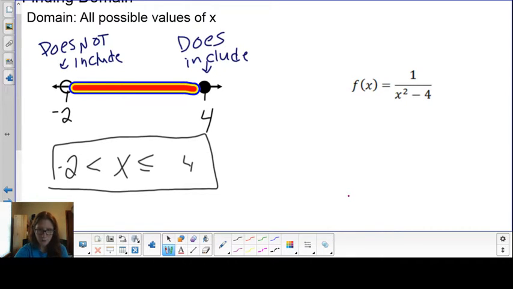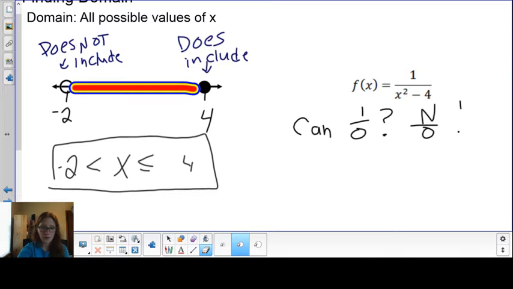Can I do 1 divided by 0, or anything divided by 0? No. I can never have 0 on the bottom. It makes the function, the example, the expression undefined.